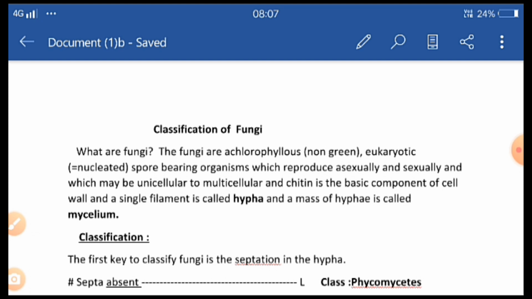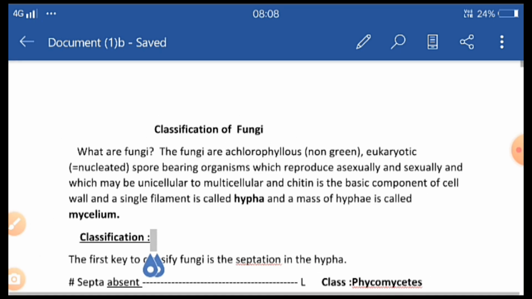These criteria are septation, sexual reproduction, formation or development of spores, sexual spores inside or outside the body, then number of spores per cell, and the septation inside the basidium, etc. So let us proceed.